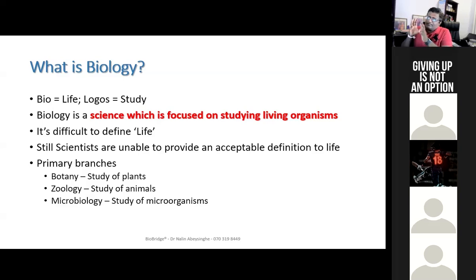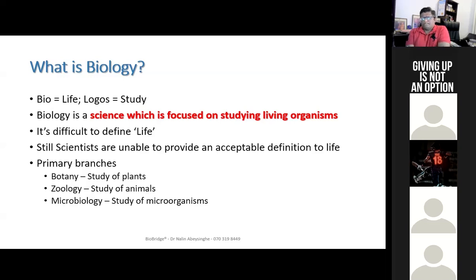So with that objective, giving a definition for life is becoming harder and more difficult. As we go through the process, you will see there are 7 components which define life, or the features or characteristics of life or living organisms.